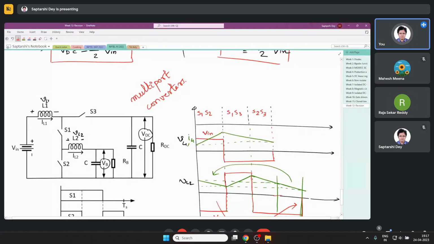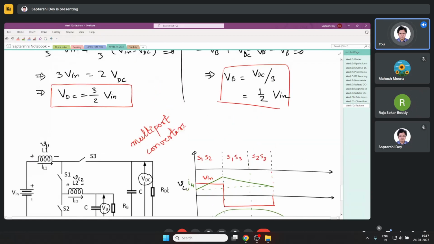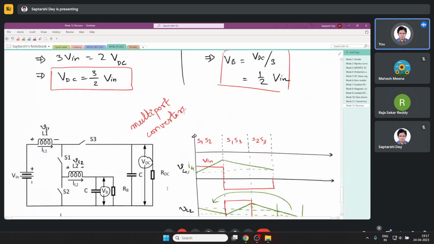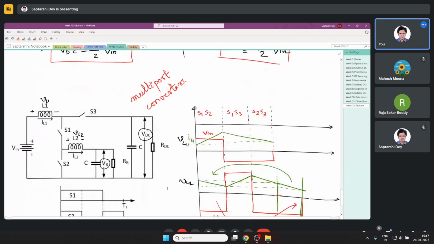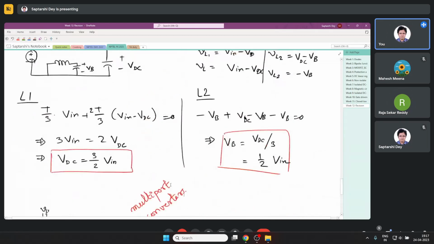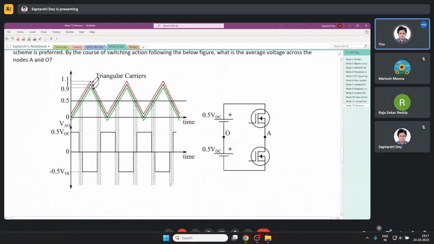Nowadays, multi-port machines are also gaining attention. There will be several electrical and mechanical outputs. Generally, we have one electrical and one mechanical output. Multi-port machines may have two mechanical outputs, three mechanical outputs.